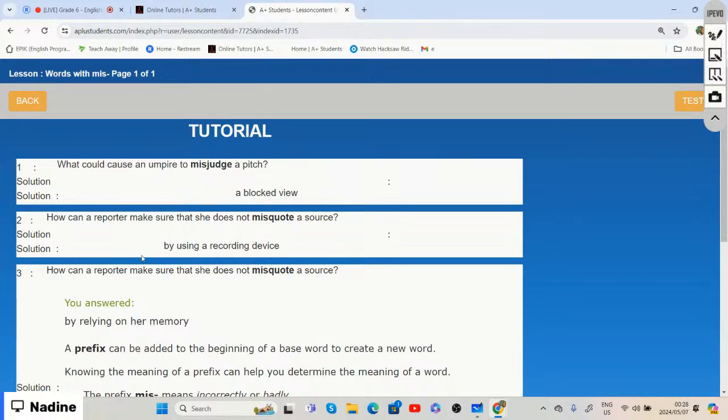What might cause an umpire to misjudge a pitch might be a blocked view. So if he or she cannot see, then by all means he will be able to misjudge whatever is happening on the pitch. That is only if the view is blocked.